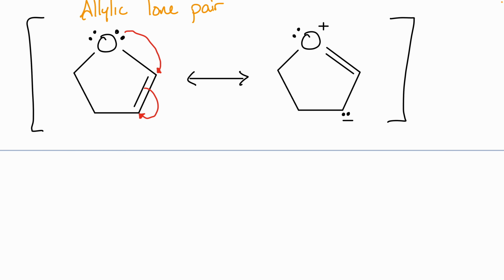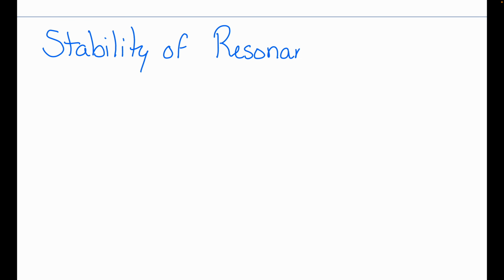All right, now we drew all these resonance structures, and we know how to spot whether there are resonance structures. Let's talk about the stability of resonance structures.